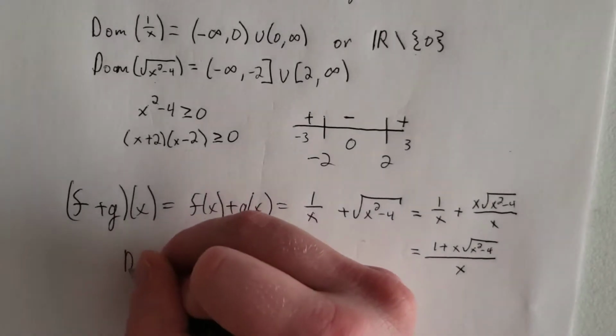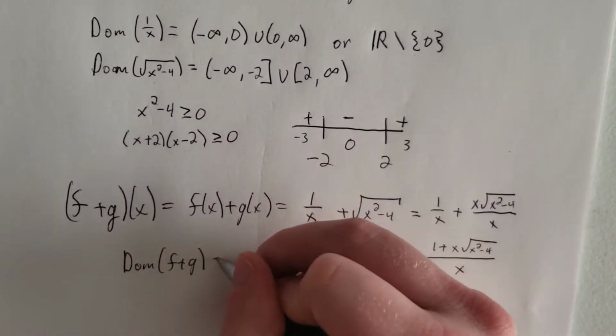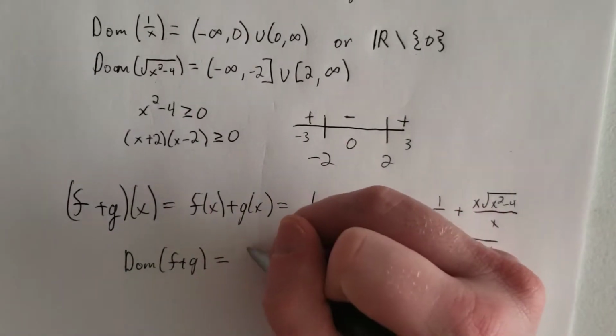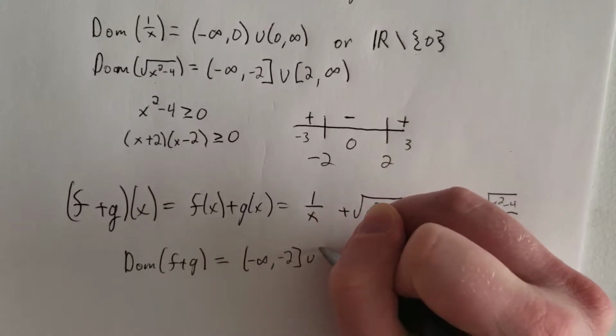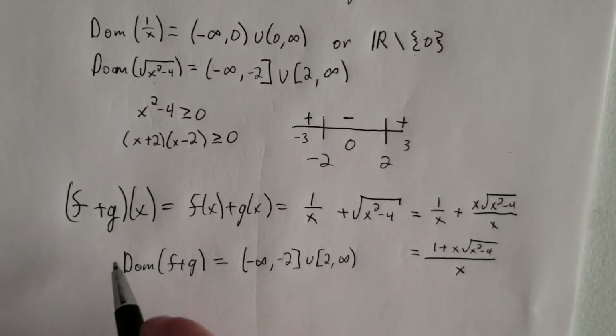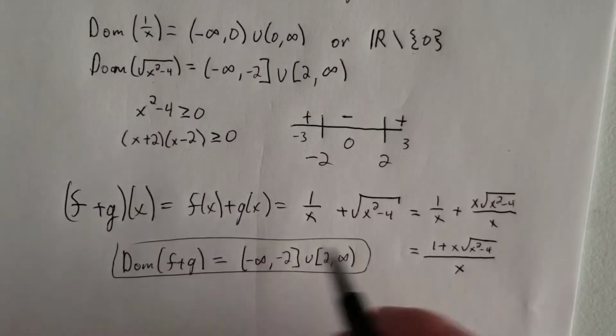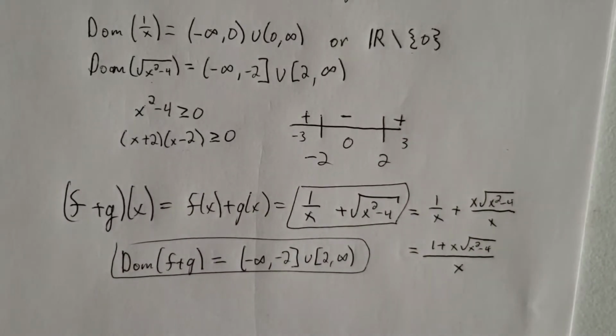So, what is the domain of f plus g? Well, that is just negative infinity to negative 2, union 2 to infinity. Here's the domain, and here is f plus g.